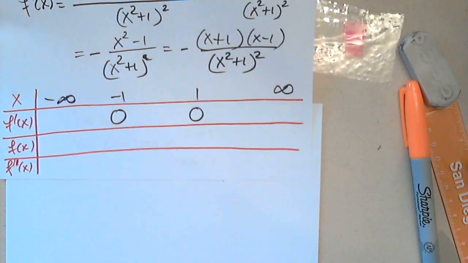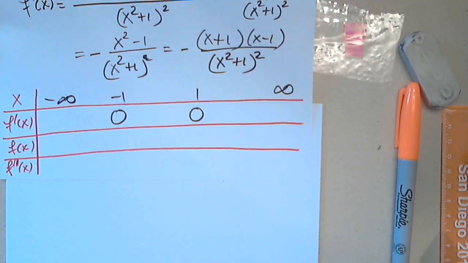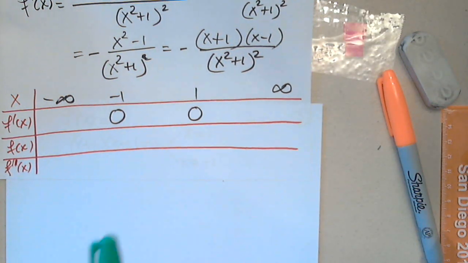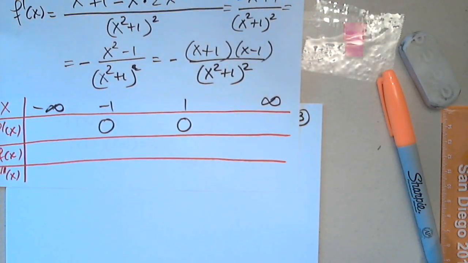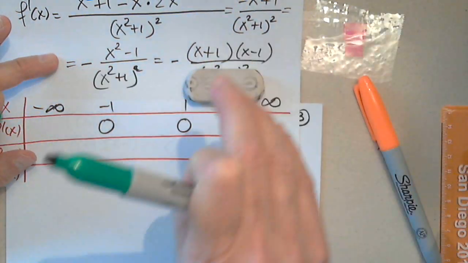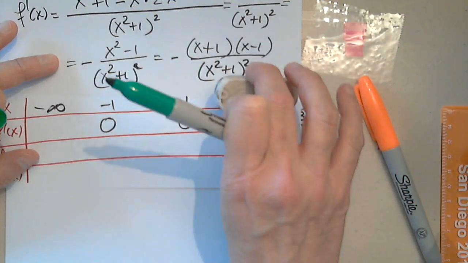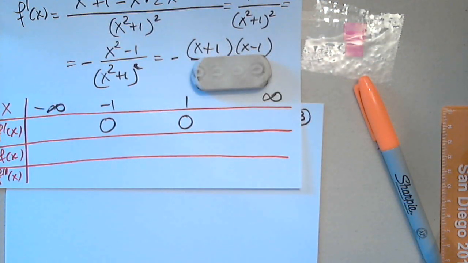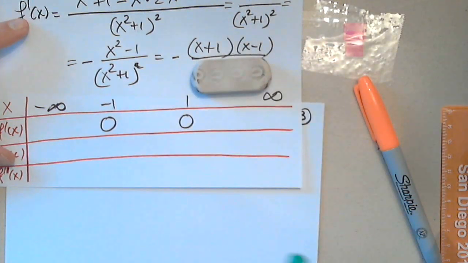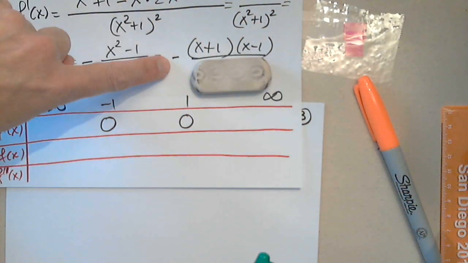So now I need to study the sign of the first derivative. Just for the purpose of studying the sign, I do not need the denominator. How come? It's all positive. I'm not going to waste my time on that. So I'm only looking at this with a negative.